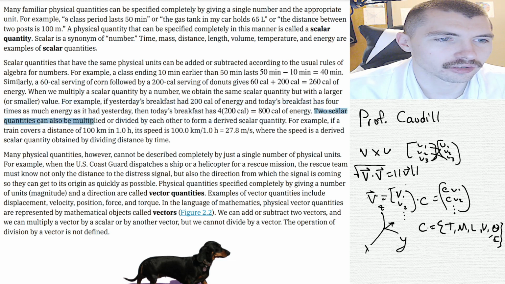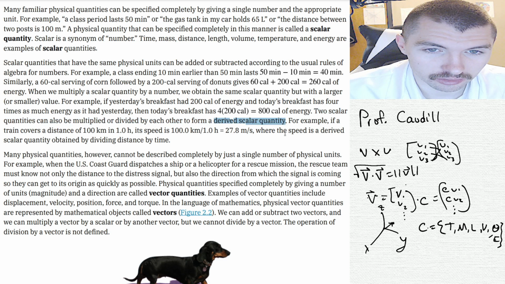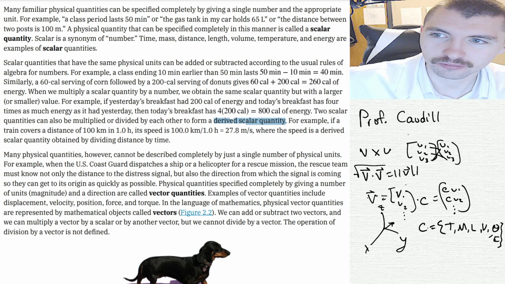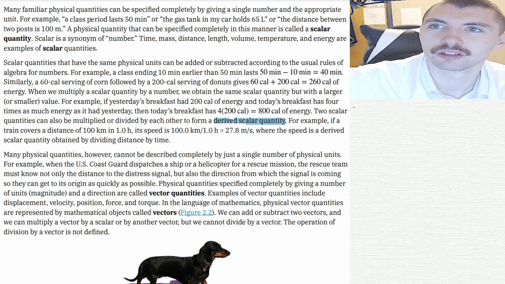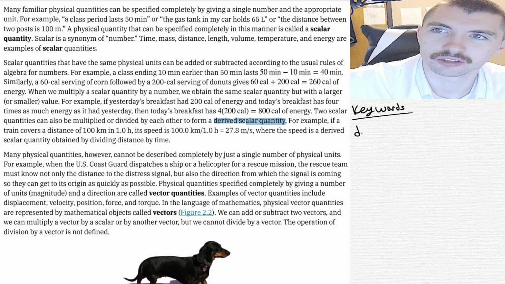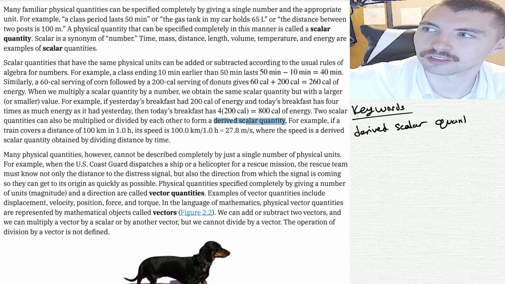Two scalar quantities can be multiplied or divided to form a derived scalar quantity. Okay, that's a big term. Write that down. Key words: derived scalar quantity.